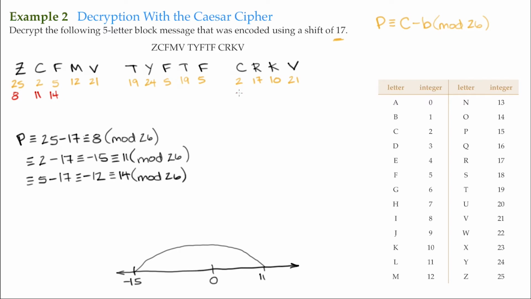And again, we do that for each one. So it continues on in this fashion. Eventually we have 21 minus 17. That's going to be congruent to 4 modulo 26.